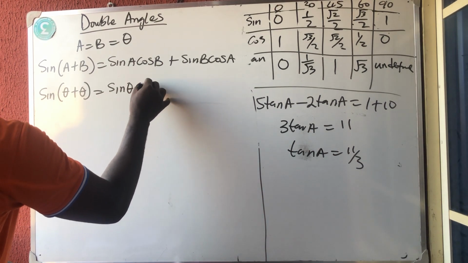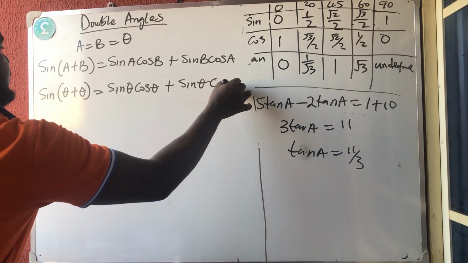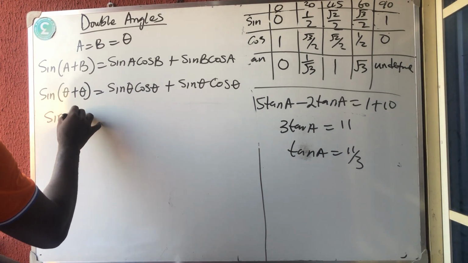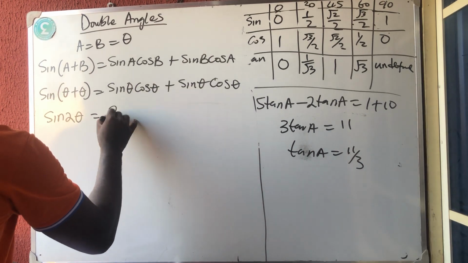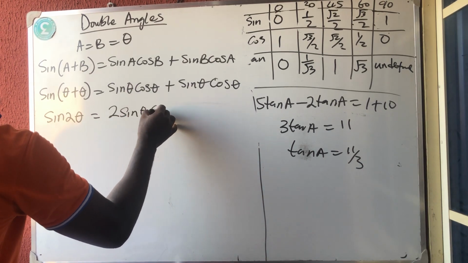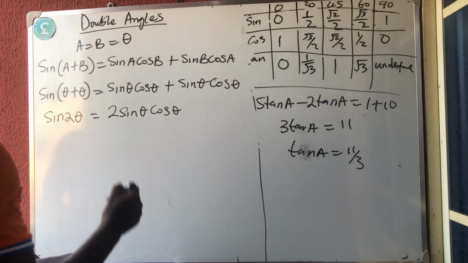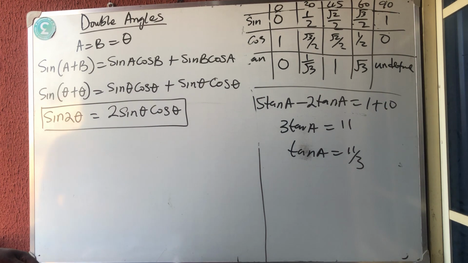Sine theta cos theta plus sine theta cos theta. So what do we have now? This and this will give you sine 2 theta is equal to what? This and this are the same thing, which will give you 2 sine theta cos theta. So that is that. This formula is very, very important.